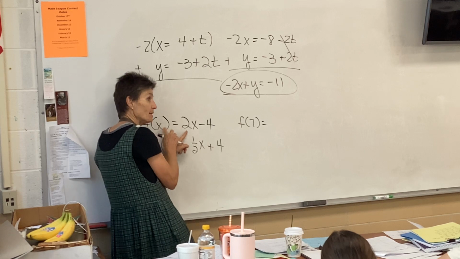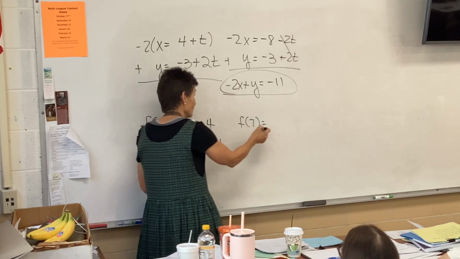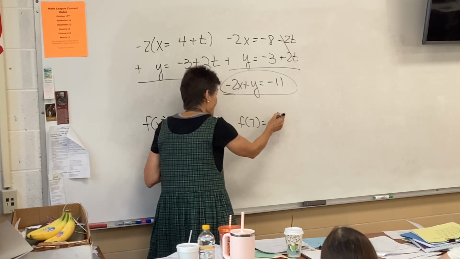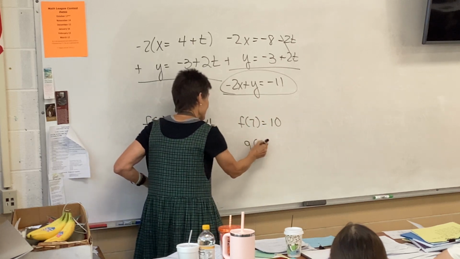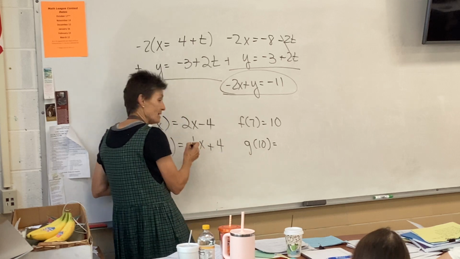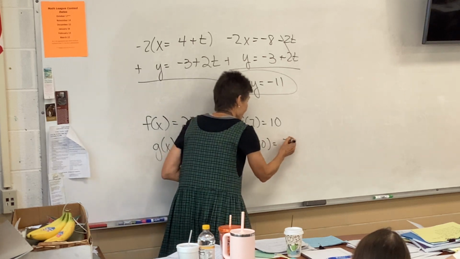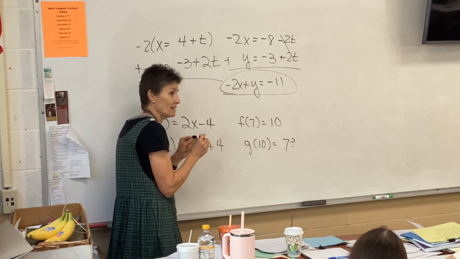You put a 7 in, you get a 10 out. Now, if this is the inverse, then when I put the 10 in here, I will get a 7 out. That's what it means to be an inverse.